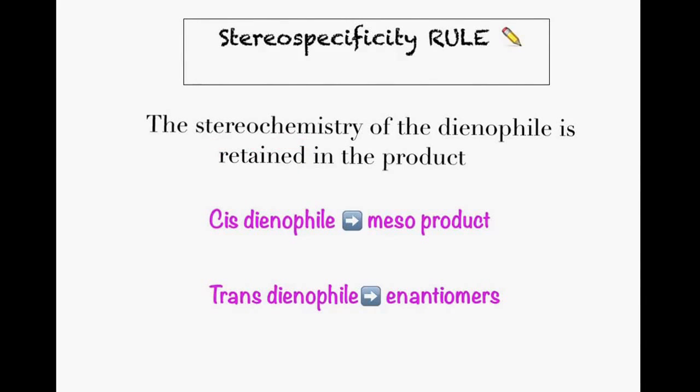This means that a cis dienophile yields a single achiral meso or identical compound, and a trans dienophile yields 2 enantiomers with trans groups.